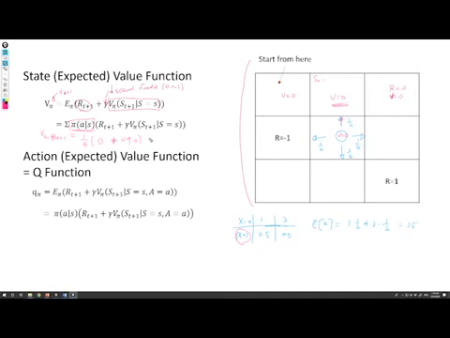We finish the first calculation, and then there's a summation there. So we're going to add the case of moving left, which is 1/4 again, and the reward value of the next state when we move left will be -1 plus the discount factor times the expected value, which is 0, and so on.